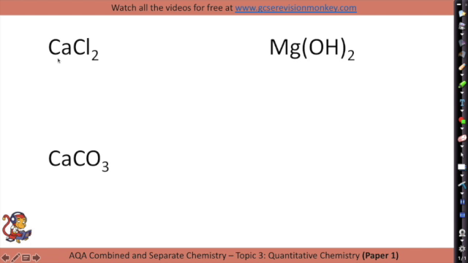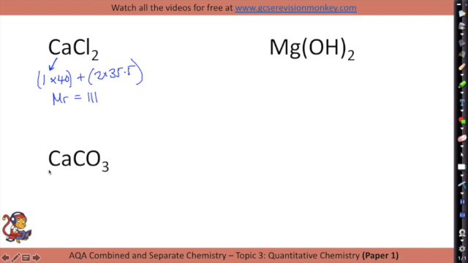So we've got 1 atom of calcium, and the mass of calcium from the periodic table is 40, and we add that to 2 atoms of chlorine, for which the masses are 35.5, and if you add that together you'll get a relative formula mass for calcium chloride of 111.